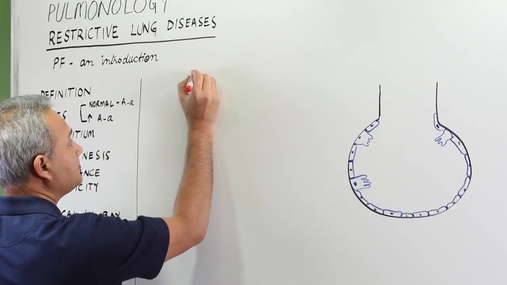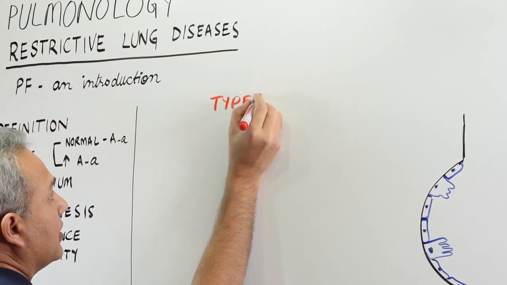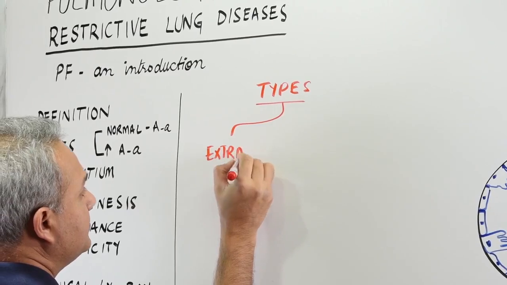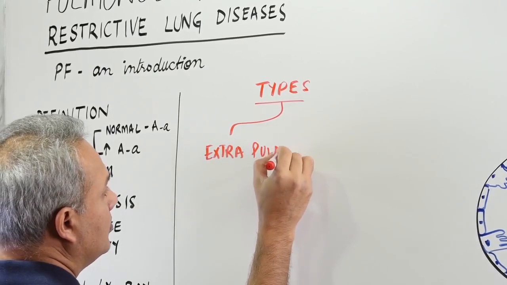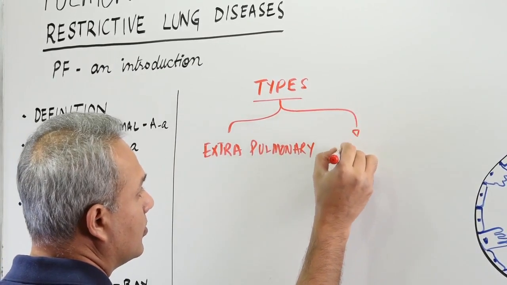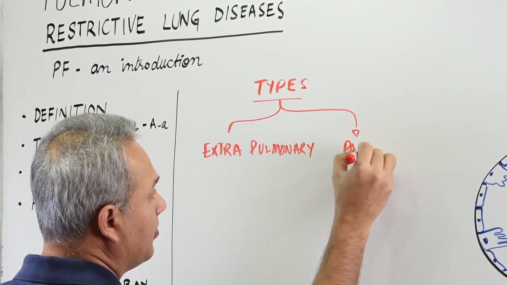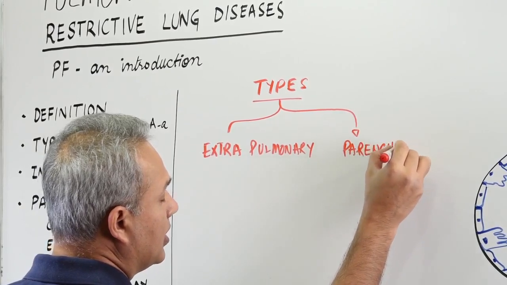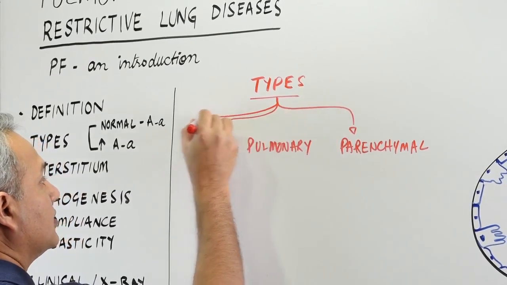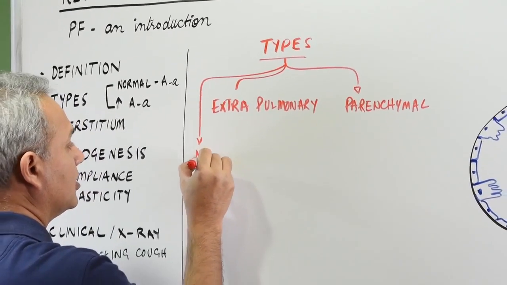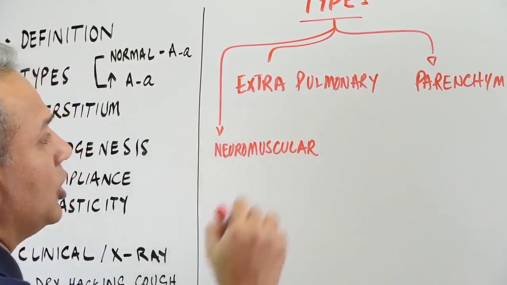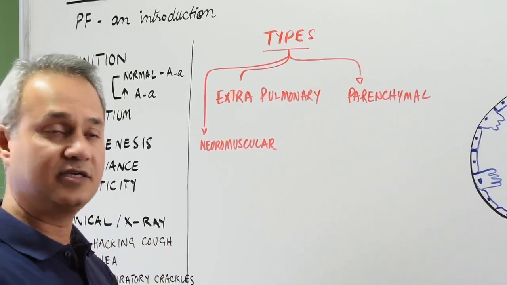So types are extrapulmonary, pulmonary parenchymal, and neuromuscular. So three primary categories of the disease.